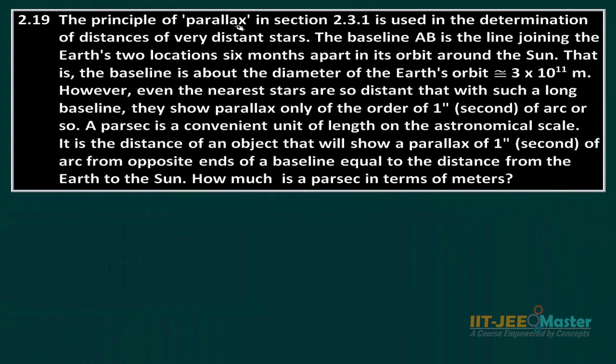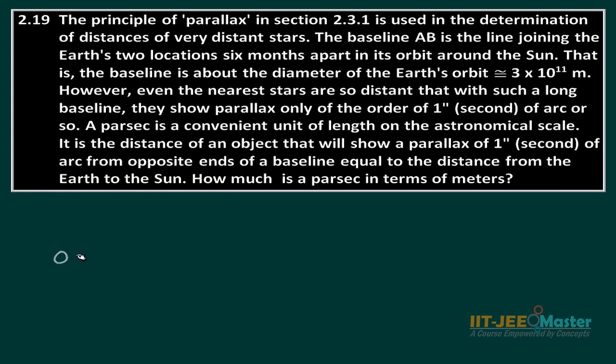The principle of parallax in section 2.3.1 is used in determination of distances of very distant stars. The baseline AB is the line joining the two positions of Earth 6 months apart in its orbit around the sun. Let us reproduce it again.